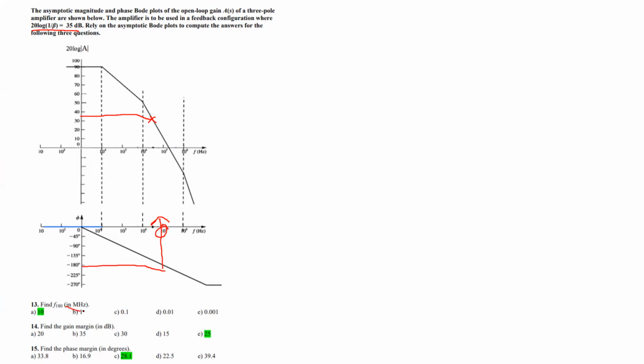So it is 10 megahertz. Find the gain margin. So we now have F180, right? We can draw the line for it, and go up to the 20 log 1 over beta line, and see the delta between them, right?